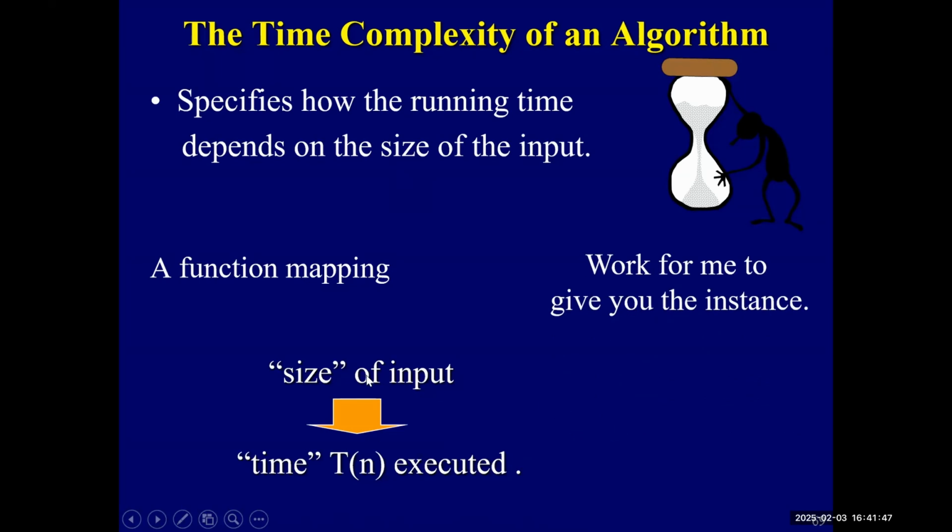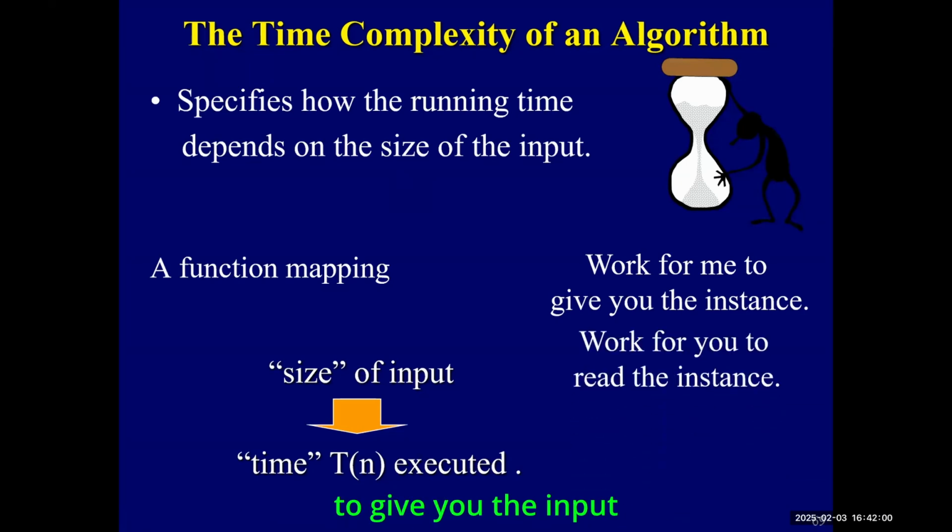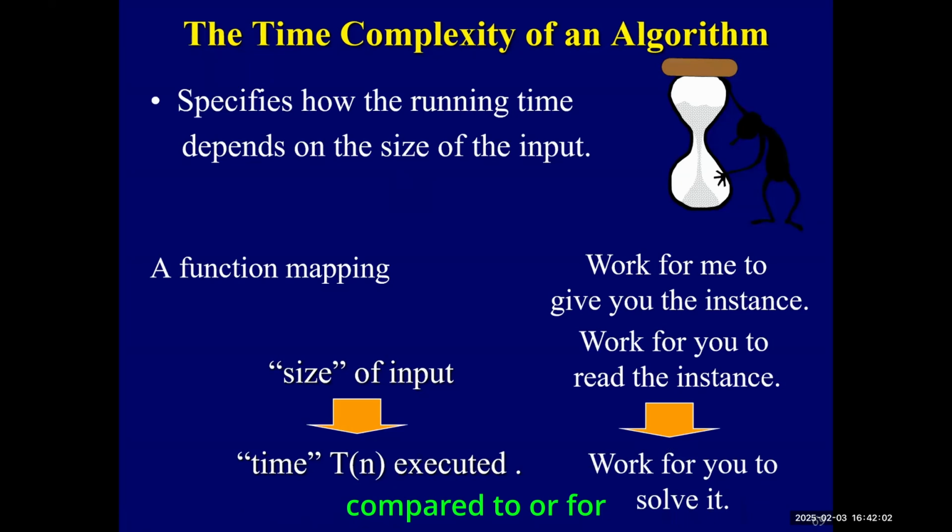I think of size as being how much work it is for me to give you the input. So whenever you're in doubt, just ask how much work is it for me to give you the input, or for you to read the input, compared to how much work it is for you to solve the problem, right? You know what I'm saying?